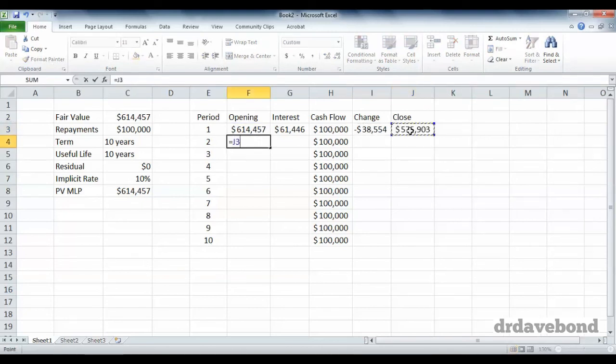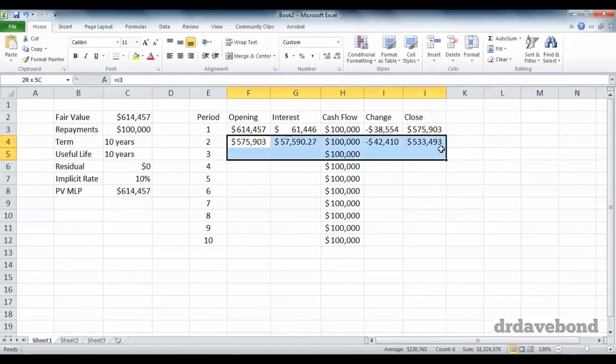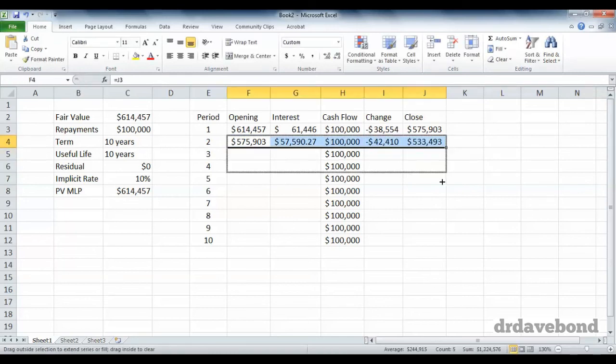The new opening is the close from the previous year. The interest stays the same, so it's just the opening times the implicit rate. The change will still be the interest and the cash flow, and the close will be the opening adjusted by the change. I can drag all of these to speed it up.